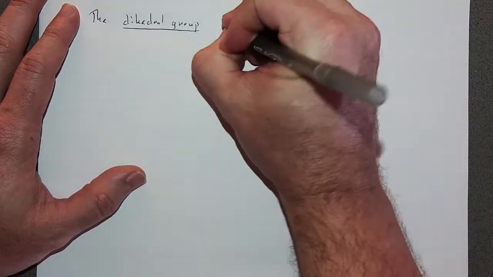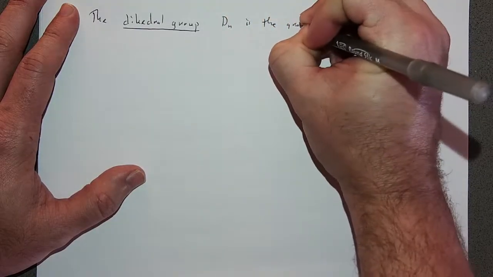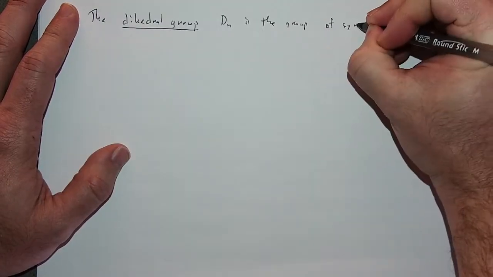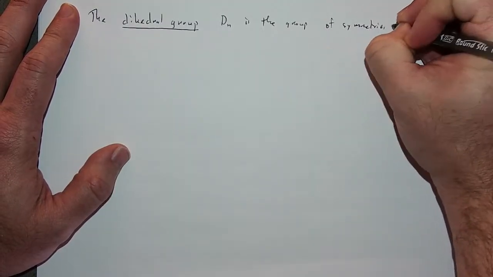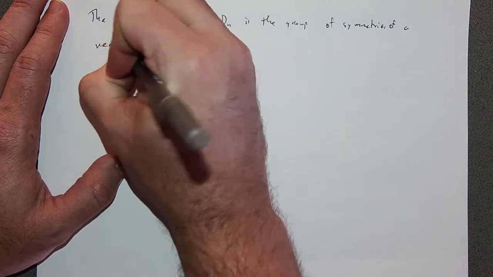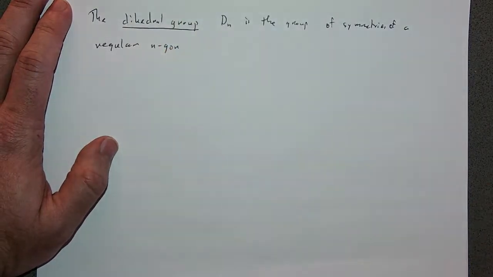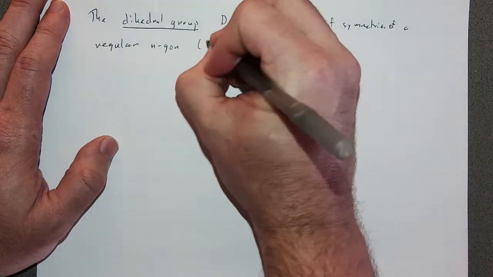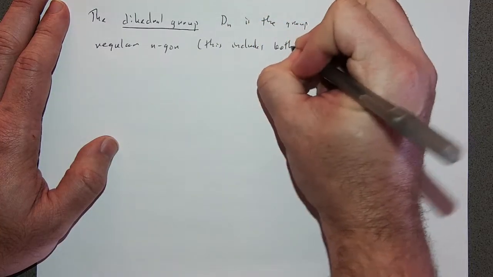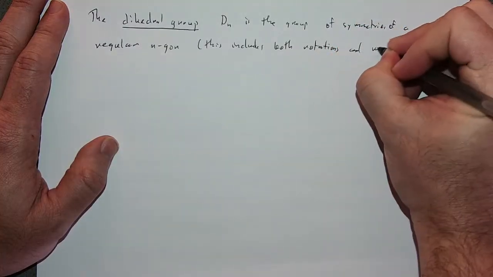So the dihedral group, D sub n, is the group of symmetries of a regular n-gon. Okay, so this includes both rotations and reflections.